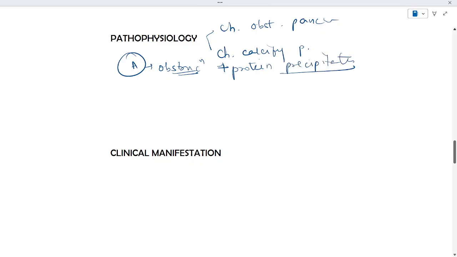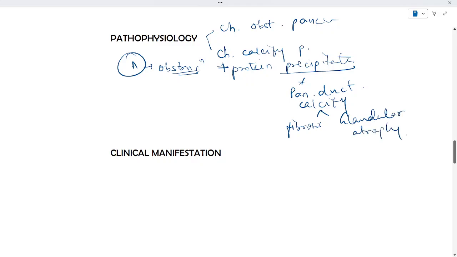Clear? Now these precipitates would block the pancreatic duct and eventually it will calcify, which is followed by fibrosis and glandular atrophy. Also pseudocysts and abscesses commonly develop.